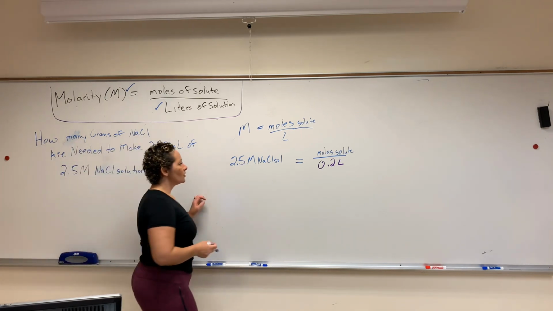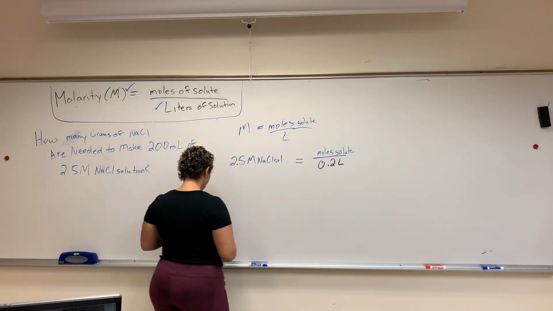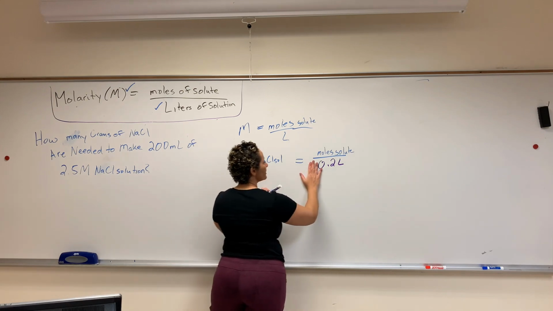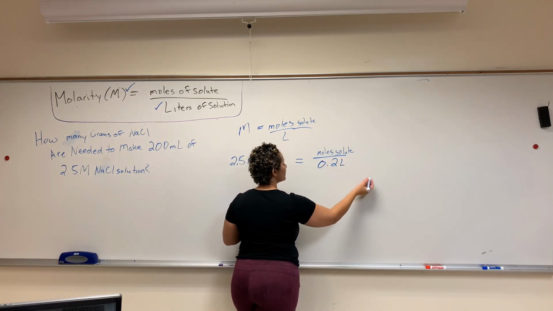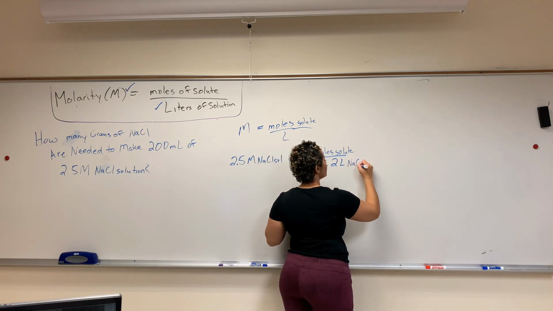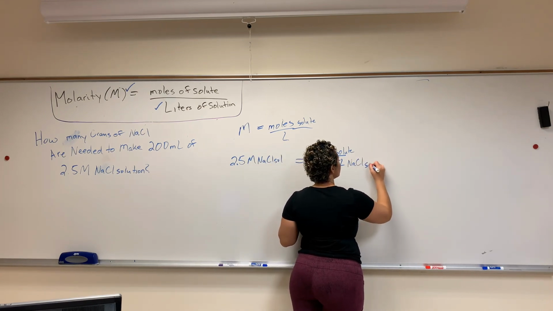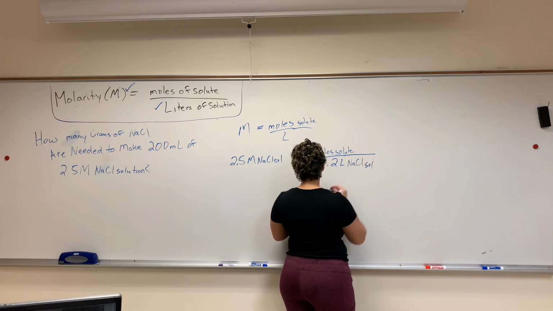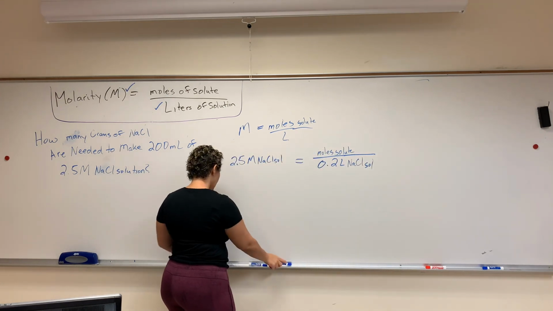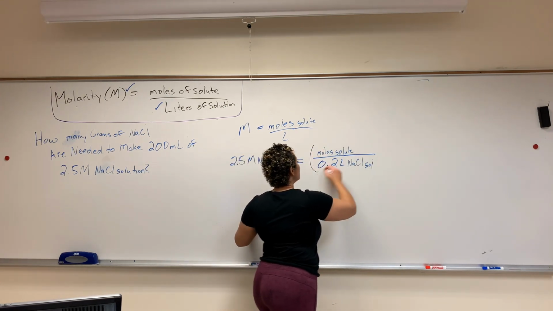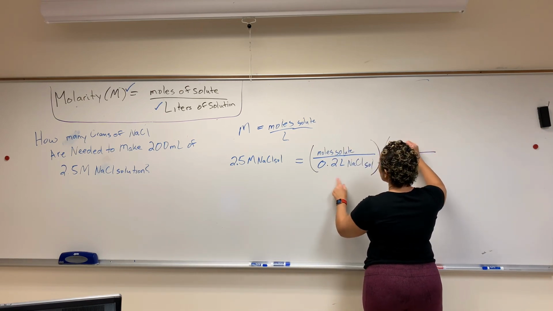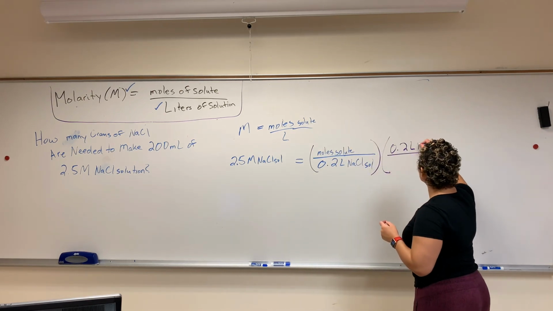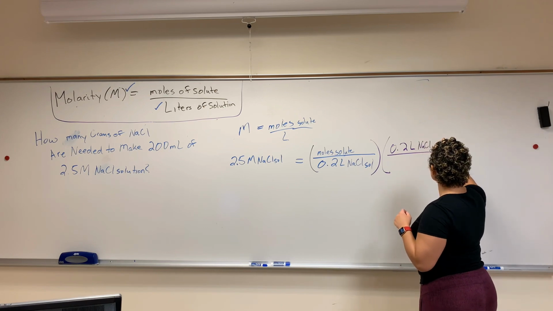Alrighty. So let's get moles by itself. Excuse me, I'm going to change this to blue. 0.2 liters of NaCl solution. I want to isolate moles by itself to solve for moles, so I need to get rid of this by multiplying by its inverse, 0.2 liters NaCl solution.